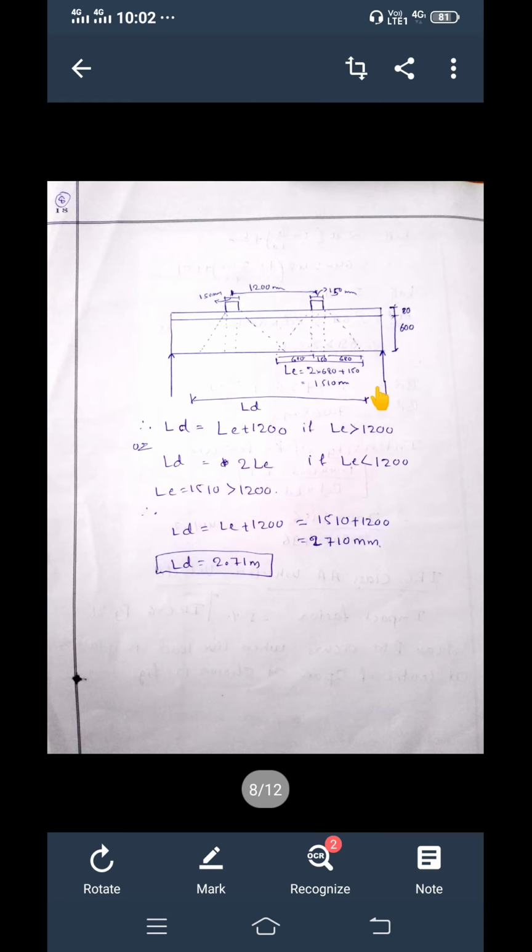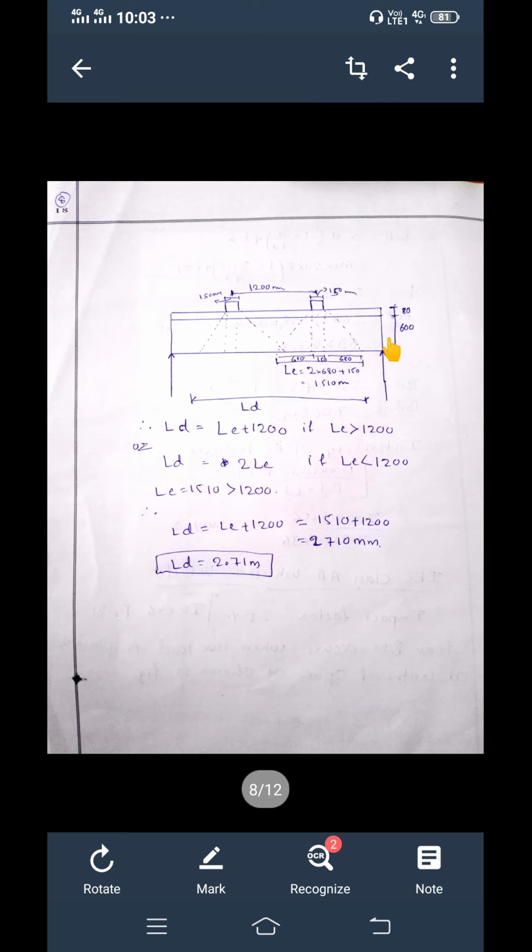So how to calculate this LD now? Our LD is equal to LE plus 1200, where LE means the effective length of dispersion. The dispersion we are considering is at an angle of 45 degrees. The total depth is how much? 680 mm, which is your 80 mm top coat plus 600 mm, the total overall depth of the slab.